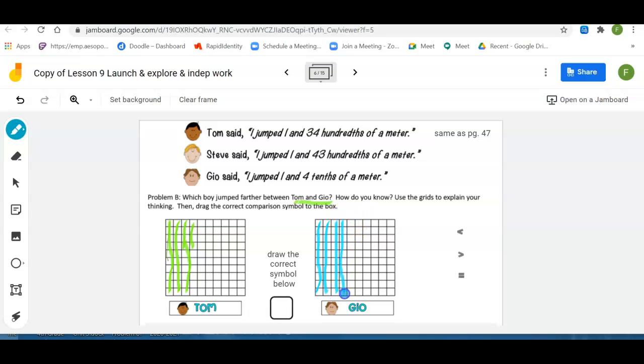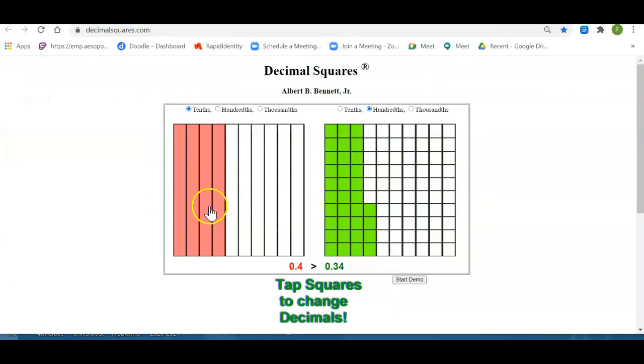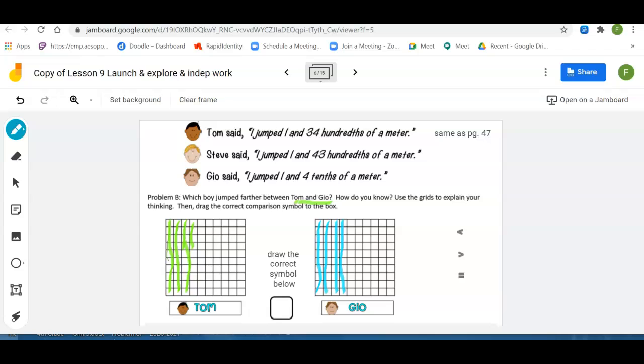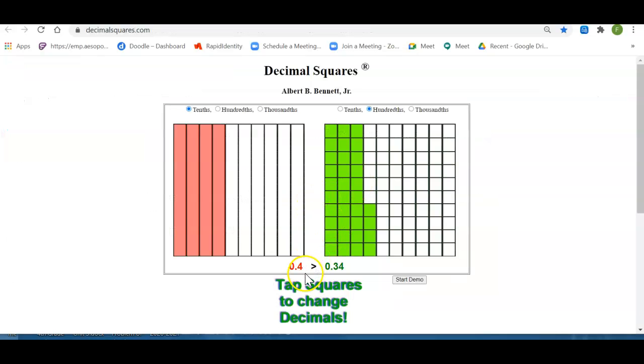So that's going to be 4/10 for Geo. And clearly, when you look at these, you'll see that Geo has more shaded in than Tom. Geo has more shaded in than Tom. But remember, if you need to go back to our decimal squares and you represent 4/10, 34/100ths, that is already given here. You see 4/10 is bigger than 34/100.